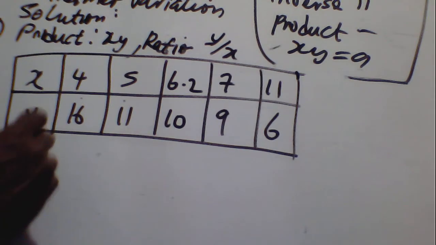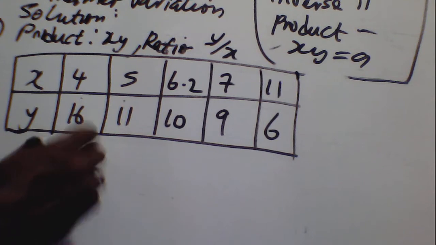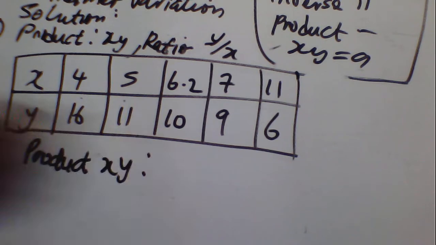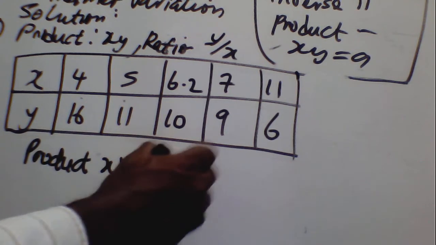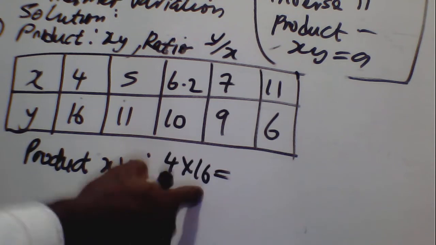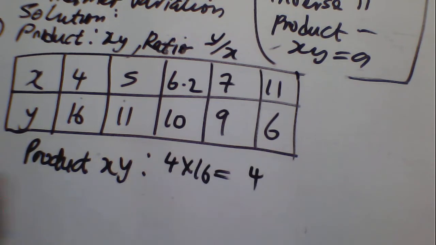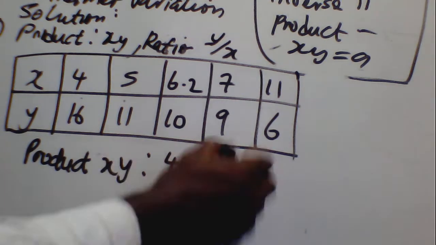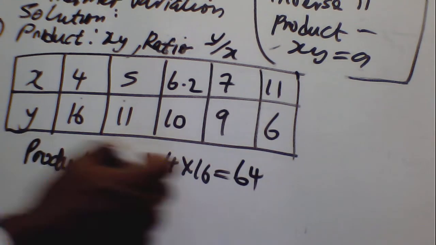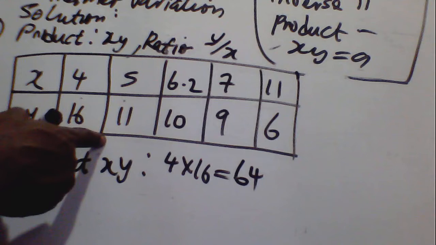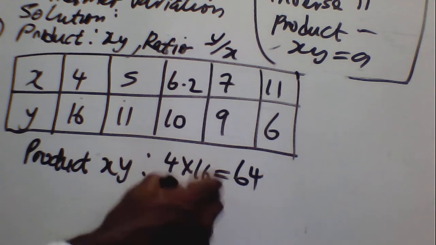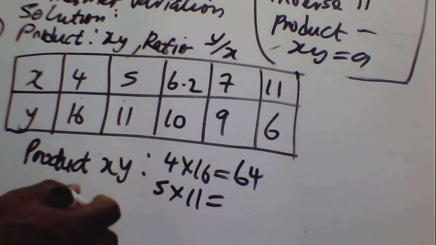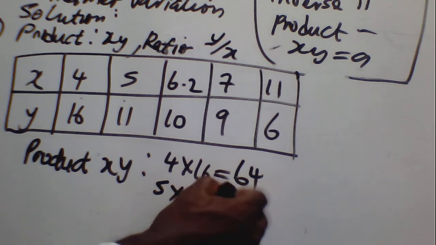So let's try the product. xy, we have 4 times 16. 4 times 6 will give us 24, write 4, carry 2. 4 times 1 will give us 4 plus 2, 64. The next is 5 times 11, which gives us 55.